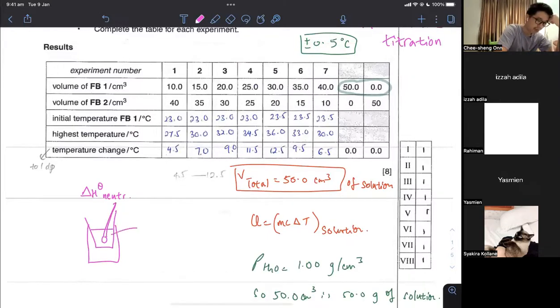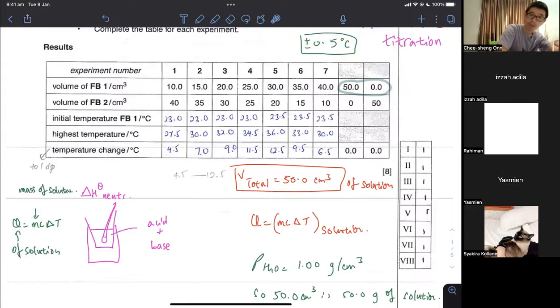You have mixed acid and you have mixed some base in there. Remember your Q equals MC delta T. The Q there is of the solution, because of the heat capacity of water, the temperature change of the solution, which is water. So M is the mass of the solution.